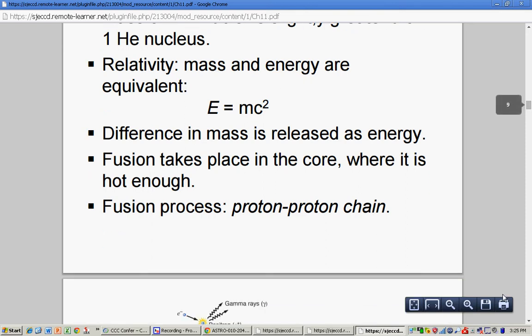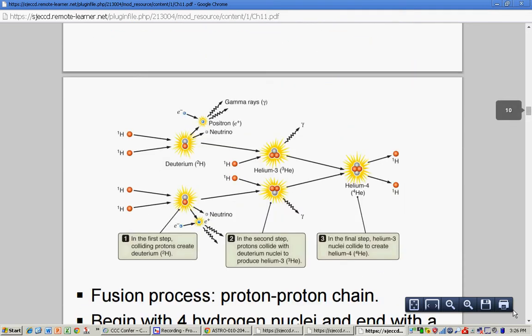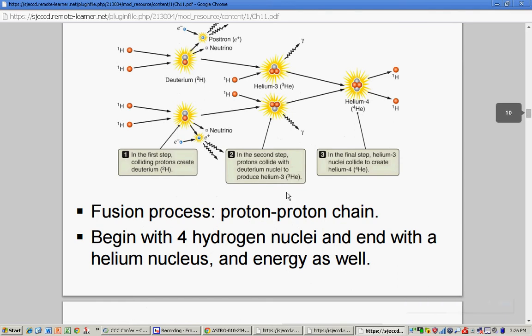So there are several ways in which fusion can take place, and in the core of the sun there are two main chains or reactions. One is the proton-proton chain, and the other one is the carbon, nitrogen, oxygen, the CNO chain, which is more important when stars have somewhat larger masses.